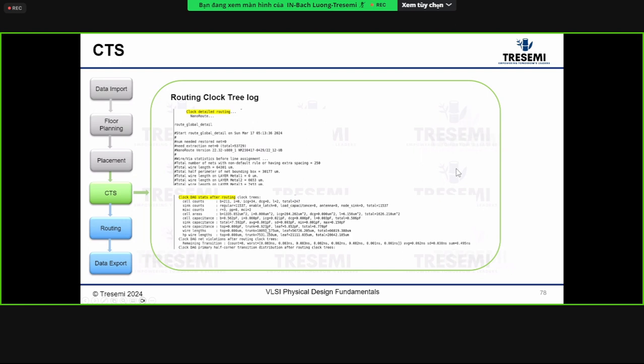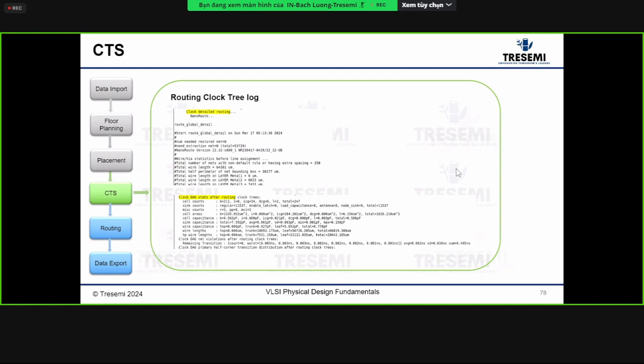Okay. So after the routing, we still see the same number of buffers. We should expect the, let's see, transition. So what happens usually? Does anybody know what happens to the timing numbers when the clock trees get inserted? When your clock tree is routed, does your timing get better or get worse?